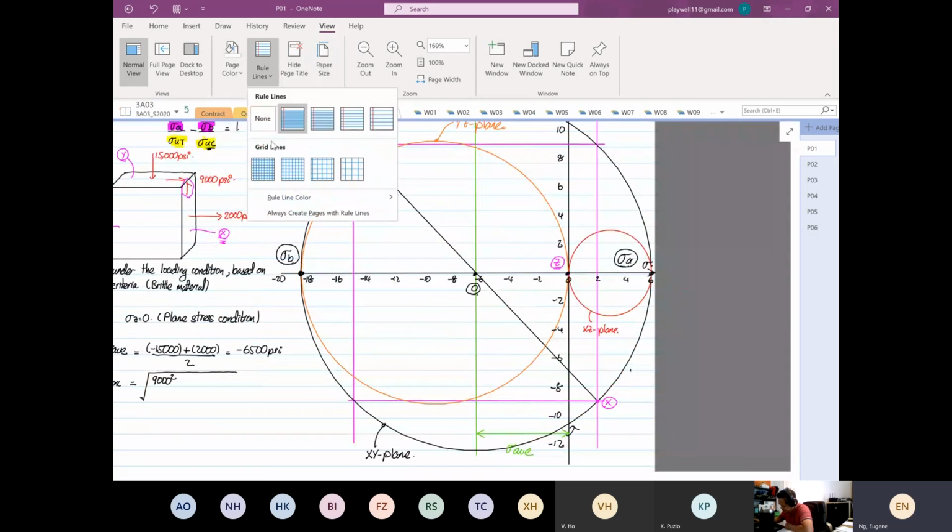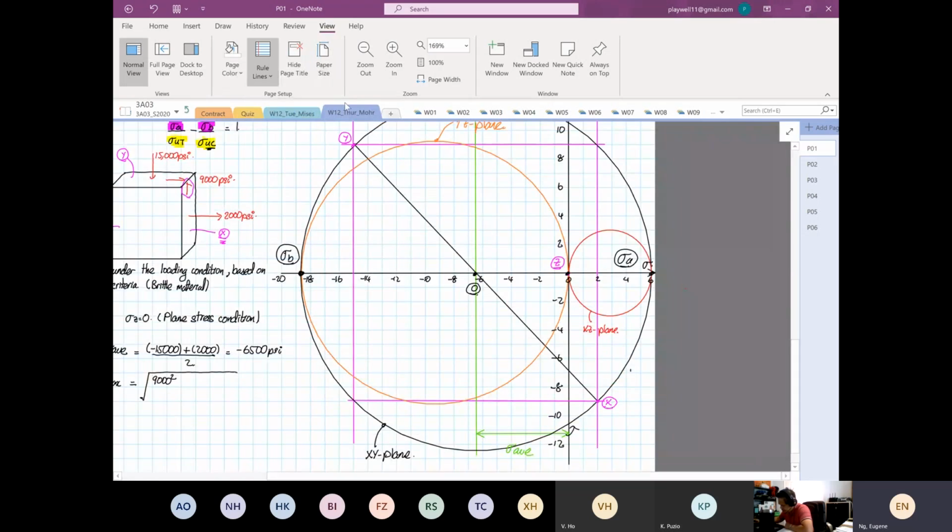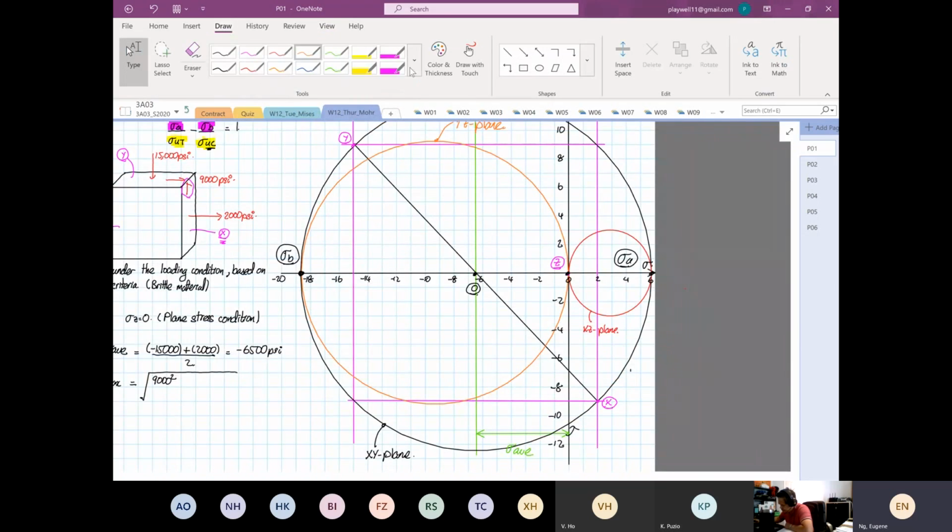So we know that this value from here to here, right, from here to here, this is equal to 9,000, right? So what we want to identify is the radius from here to here now, right? We want to know what is this radius over here.